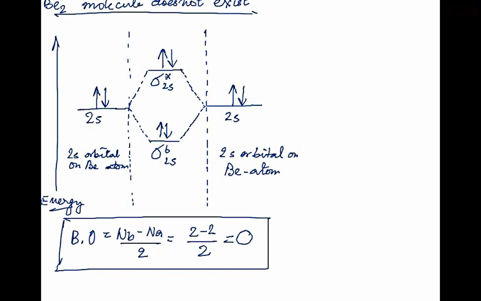We now move on and try our hand at drawing the molecular orbital diagram for the B2 molecule.